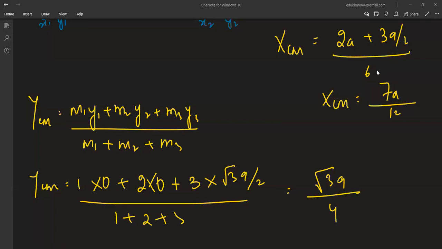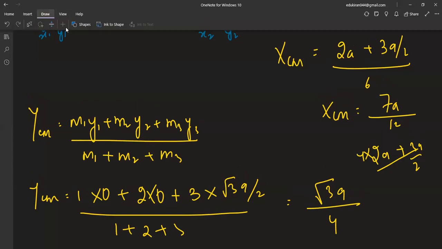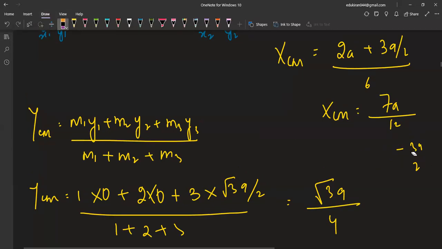Yeah, see, this is 2, 4 plus 3, 7. Yes, 7a by 12. This is 3a by 2. So 2a plus 3a by 2, it is, no? So when you take the LCM, this becomes 4a. 4a plus 3 is 7a. Yeah?